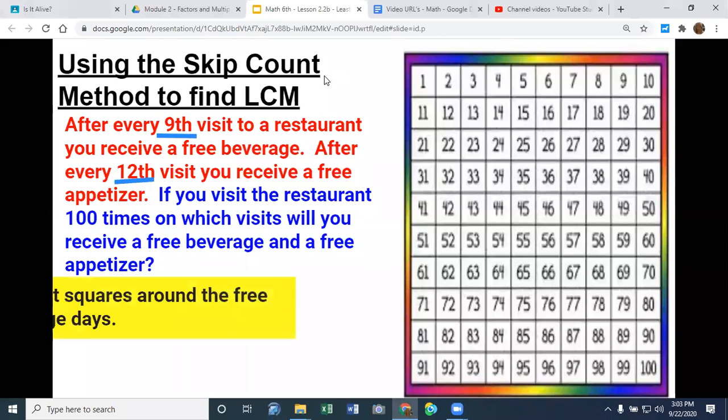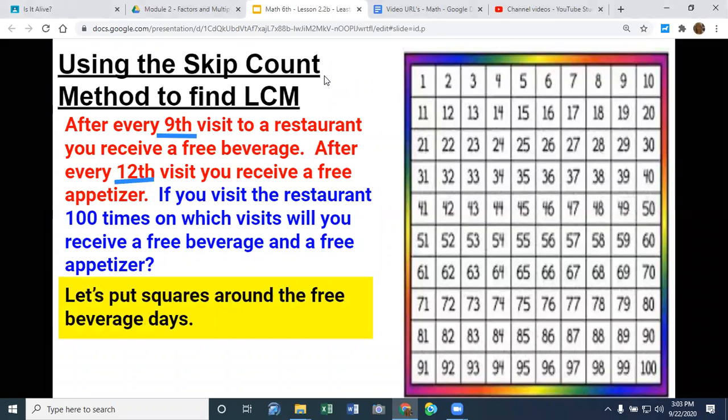So let's do that. Let's put squares around the free beverage days. The free beverage days are every 9th day. So there's 9. What's the next one? 18. 27. What's 9 more days from 27? 36. Notice the pattern.